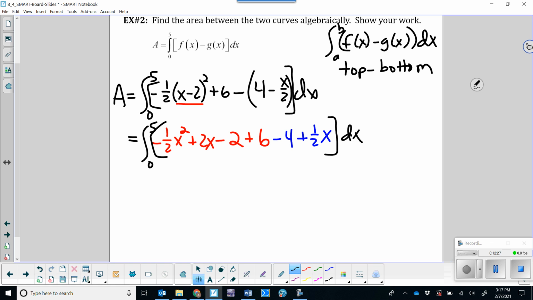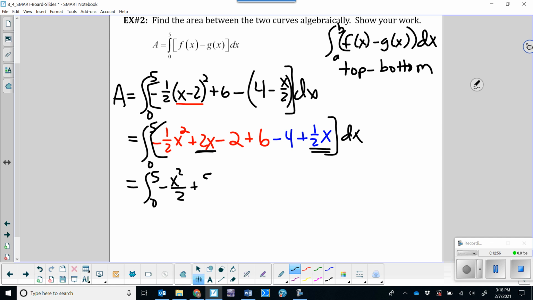Now, I'm not done. I'm going to go ahead and combine any like terms to make it easier, and then I'll integrate it, and life will be much easier. So I'm still not integrating it yet. So I still write 0 to 5. I have negative x squared over 2 because there are no other x squared terms. But x terms, I have a 1/2 x and a 2x. So that's going to be 2x would be 4 over 2 plus 1 over 2.